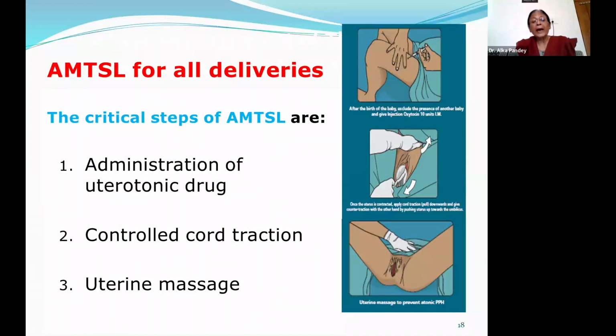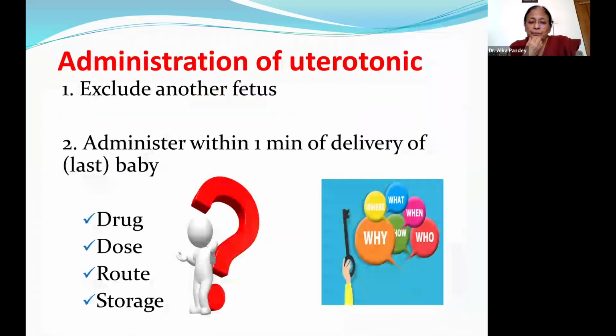So we do active management of third stage of labor for all deliveries. And what are the steps? This is administration of a uterotonic drug, then controlled cord traction and uterine massage. Next. So before giving uterotonic, you have to exclude another fetus.